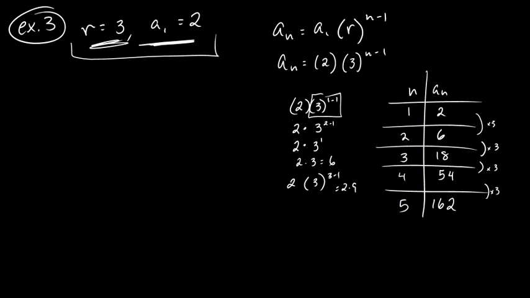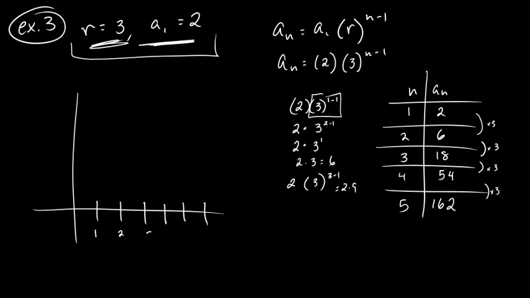Alright, so I should be able to graph these. My domain, or my x values, my n values, they're always going to be 1, 2, 3, 4, 5. And looking at what I have to go by, I think I'm going to go by 25, 50, 75, 100, 125, 150, 175.